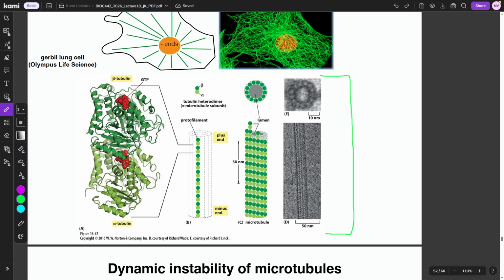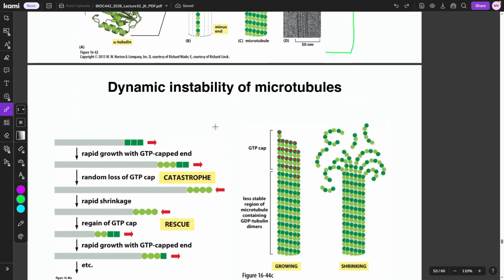So when we have GTP on the end of our beta tubulin, we can attach more of these heterodimers to each other. You can see here rapid growth with the GTP cap end. The growth occurs when the GTP is attached, which is what the square represents. So it's going to keep growing when the GTP is attached.